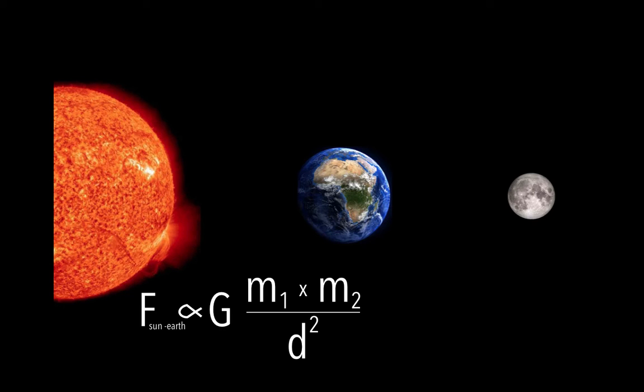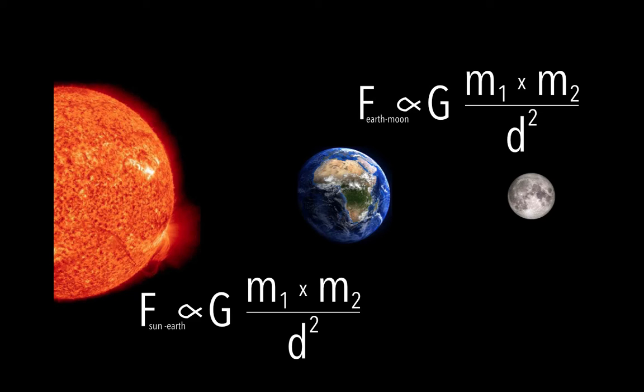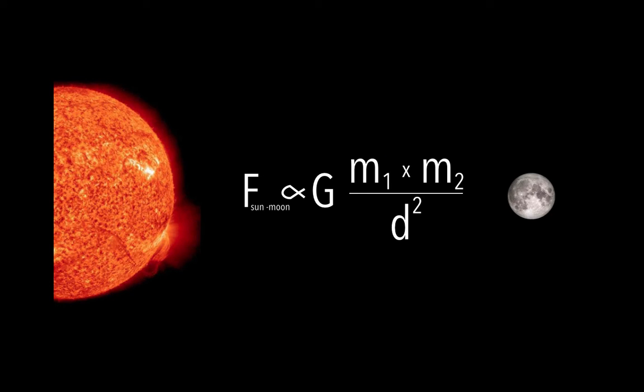So to find the force of gravity that the sun exerts on the Earth and vice versa, it's the same as to find the gravitational pull of Earth to moon. In fact, the moon and the sun have gravitational pulls on each other, and you can use this formula for that same purpose as well. Just have to find the mass of the moon and the sun divided by the distance squared times the gravitational constant.